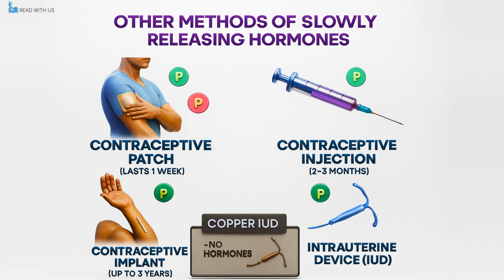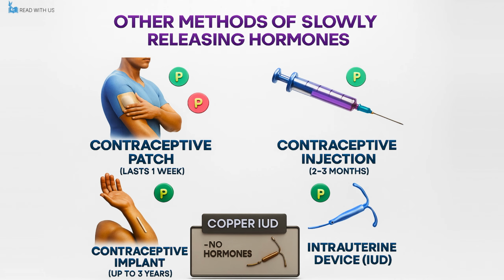Another long-term option is the intrauterine device, or IUD, which is inserted directly into the uterus. The plastic version releases progesterone and thickens the cervical mucus to block sperm entry. There is also a copper version, sometimes called the copper coil, which contains no hormones and instead works by releasing copper ions that are toxic to sperm, making it impossible for them to survive in the uterus.